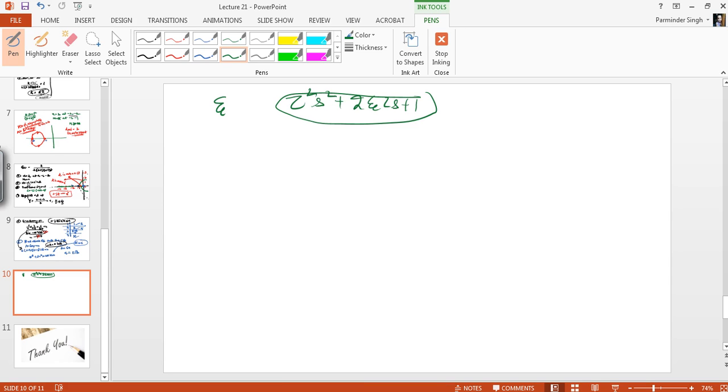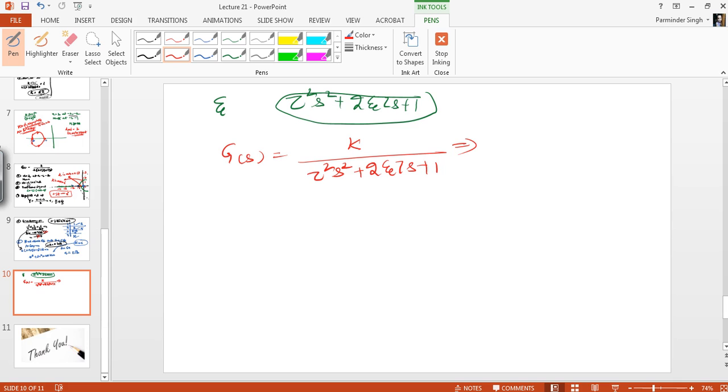For this, we know that our transfer function is, let's say, k upon tau squared s squared plus 2 zeta tau s plus 1.